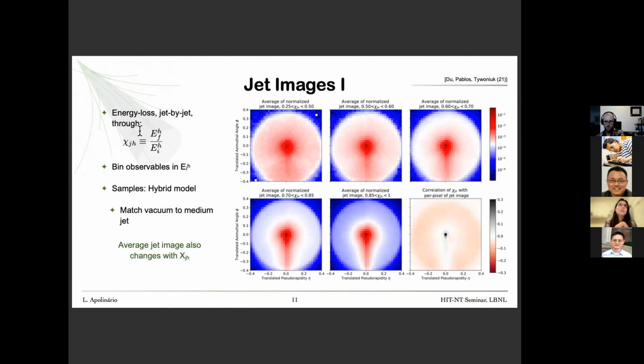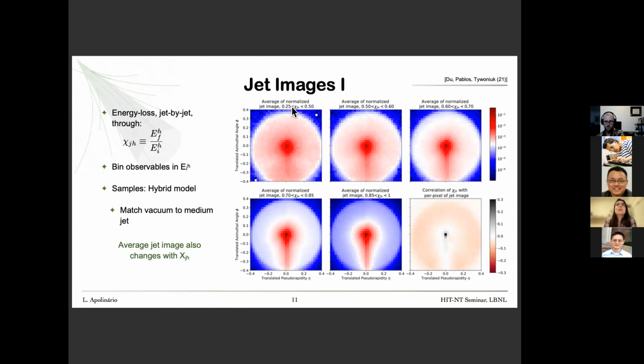So they take the ratio of the final jet with respect to this initial jet, and take this as the energy loss that they can retrieve from the Monte Carlo, jet by jet. As you can see here, these are again average images of jets.